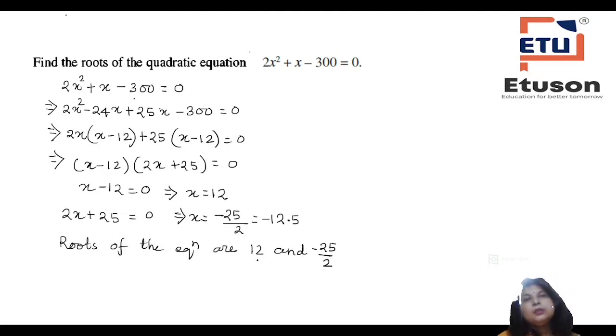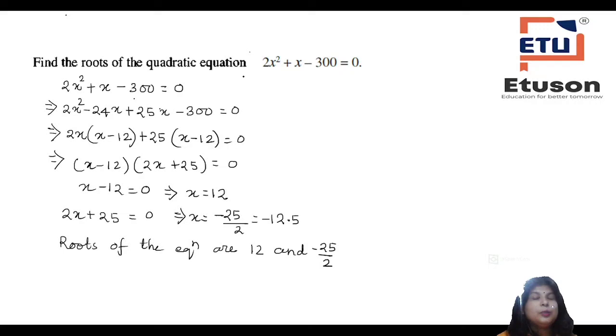Okay children. So now whether this negative number is feasible or not. If this quadratic equation were representing a relationship where x is nothing but a length, in that case, length cannot be negative.